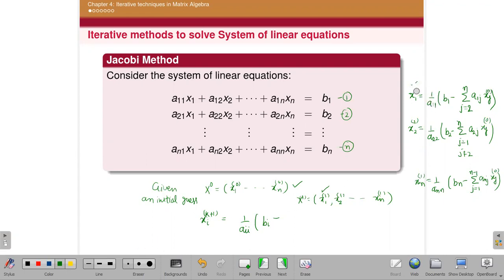If I write all n equations in general form, it is the summation over j equal to 1 to n, but j not equal to i, of aij xj. So this is the Jacobi method.